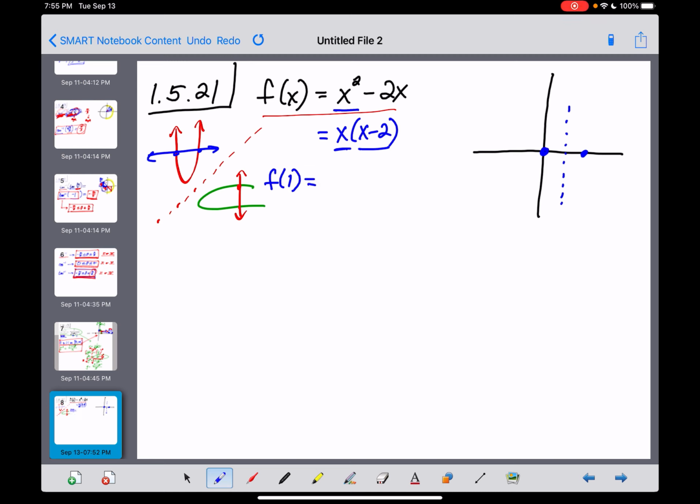That's going to be 1 minus 2, which is negative 1. So 1, negative 1, right here, guys, is going to be the vertex of this original parabola. And so f of x is an upwards opening parabola that looks like this. And then, of course, on the left side, it does the exact same thing. Okay, so that is the graph of y equals f of x.